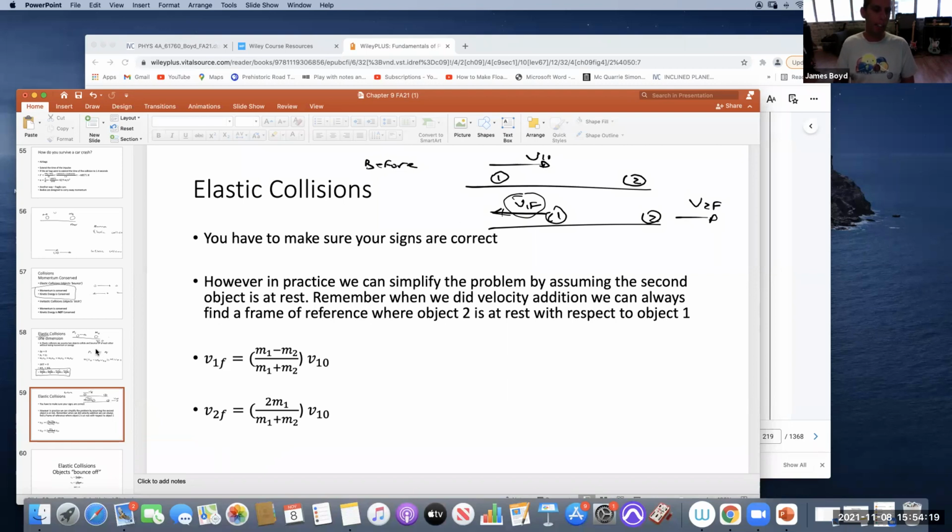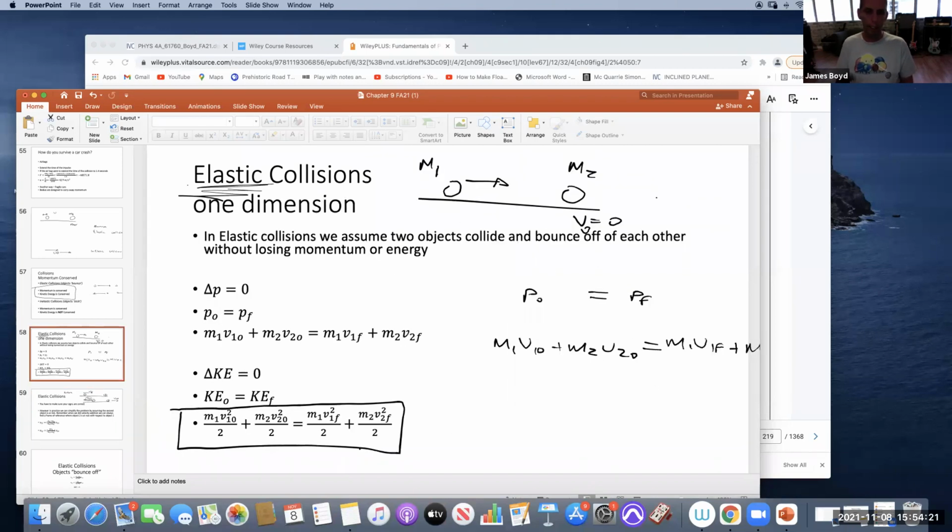If I come back to these two equations here, by a long process of algebra, if you really want to try it, try adding this equation and this equation. So m1 v1 initial plus m2 v2 initial is equal to m1 v1 final plus m2 v2 final.